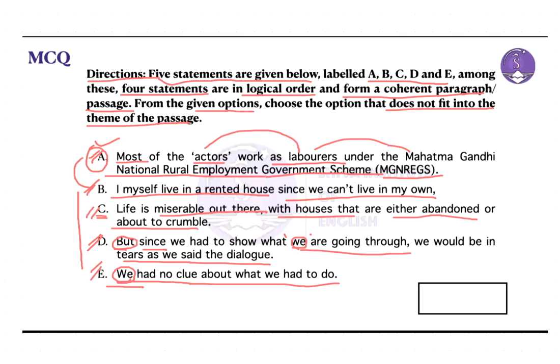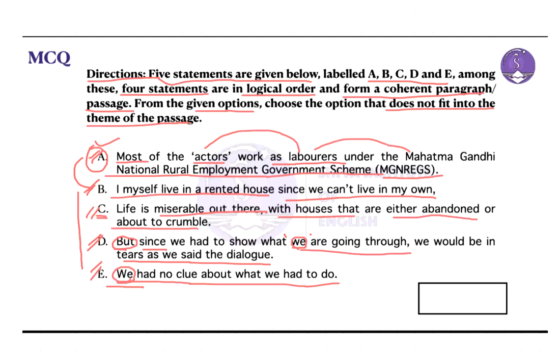So statement D follows by explaining that despite not knowing what to do, they had to portray their difficult situations, leading to emotional responses and tears. That is what is given in option D: but since we had to show what we are going through, we would be in tears, as we said the dialogue.